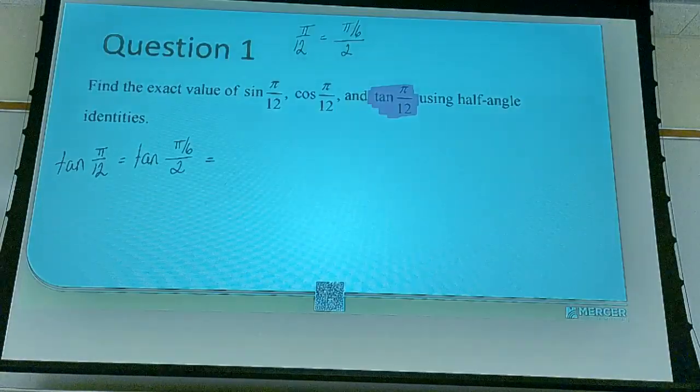First one, square root of 1 minus cosine over 1 plus cosine.